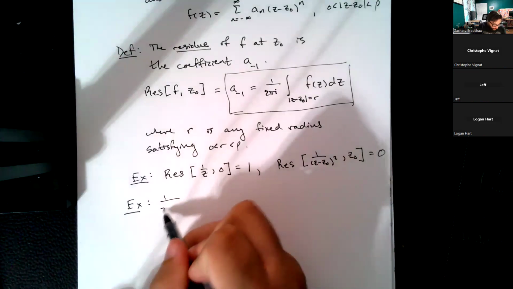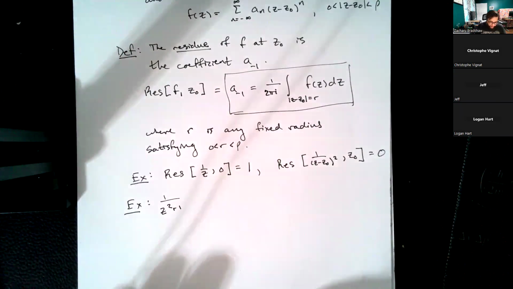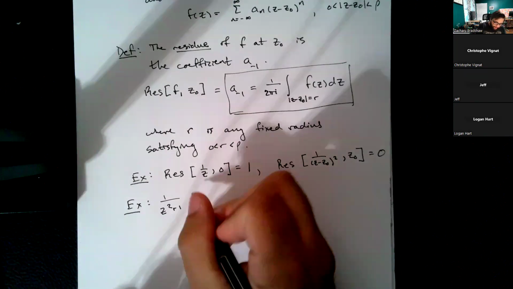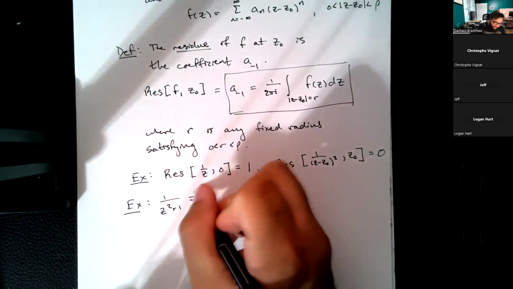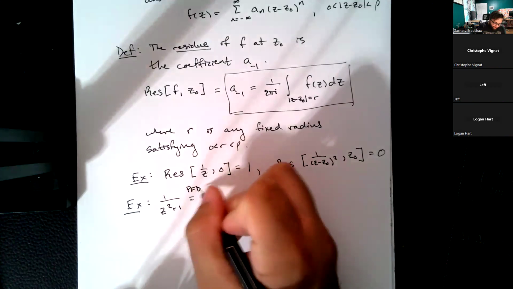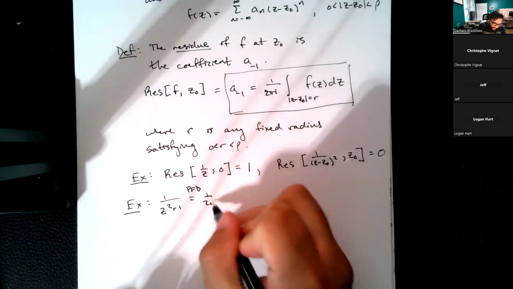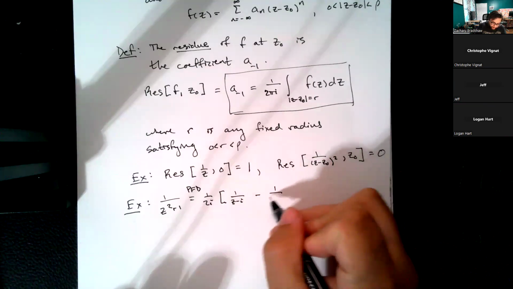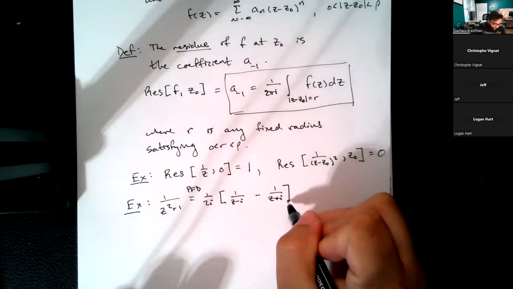Another example would be 1 over z squared plus 1, but it's not in the correct form yet. This is not in our power series form, but we can write it using a partial fraction decomposition as 1 over 2i times (1 over z minus i, minus 1 over z plus i).